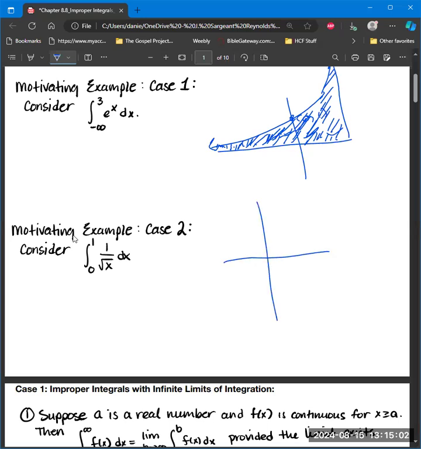An example of case 2 would look like this: if we have the integral from 0 to 1 of 1 over the square root of x, then we have asymptotic behavior at x equals 0. The square root of x is going to do something like this.